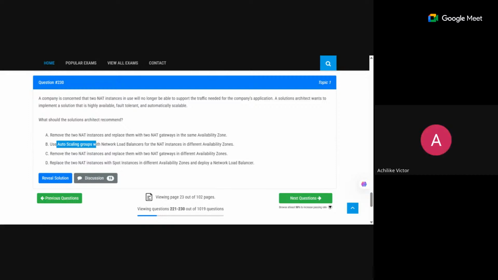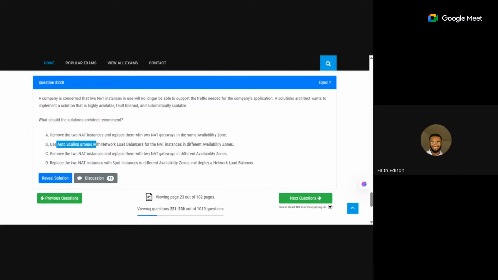Oh, really? Yeah, I think there was a diagram that we used the day we did that lab. In the diagram you'd see the region, then the AZ, and within the AZ the VPC, and within the VPC you see auto scaling groups and the different systems that are running.